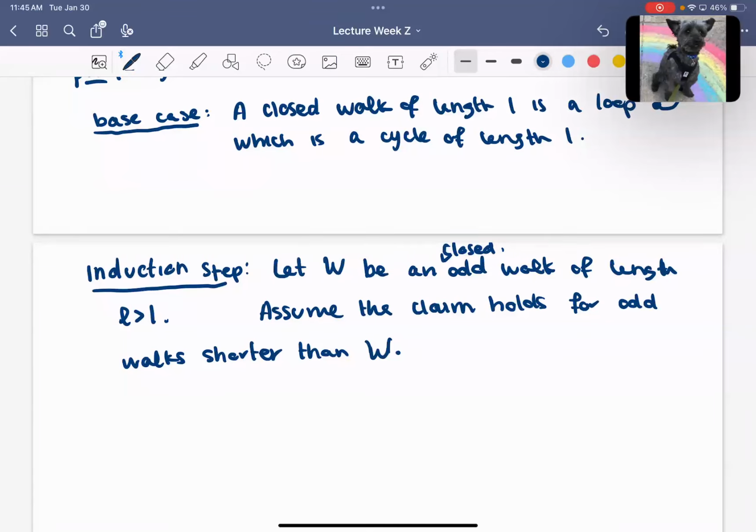Okay, so we want to prove that W contains an odd cycle. So one thing that could happen is if W has no repeated vertex other than the first vertex equaling the last vertex, right? Then already W is a cycle.